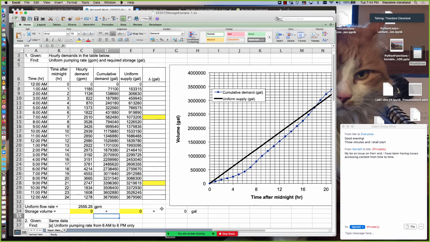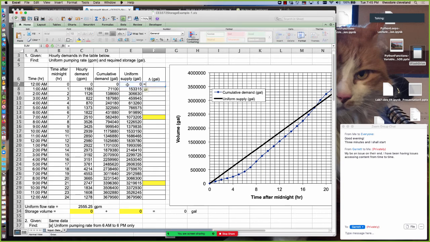And so the last part is to compute the storage volume. So what we're going to have to do is calculate a difference between supply and demand, tabulate that, and then find the 2 biggest values, the biggest positive and the biggest negative.